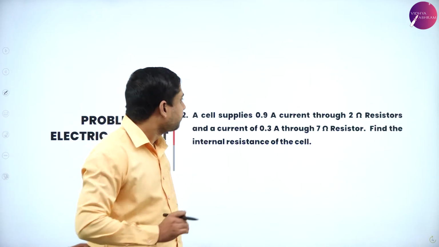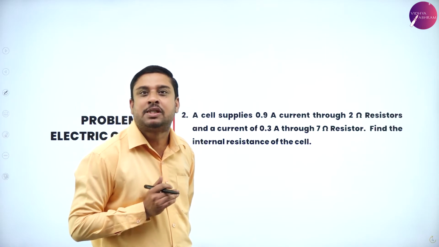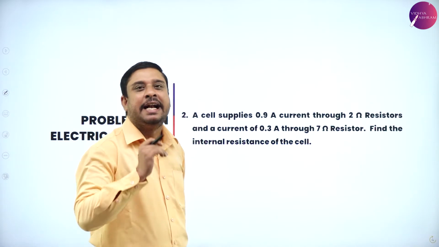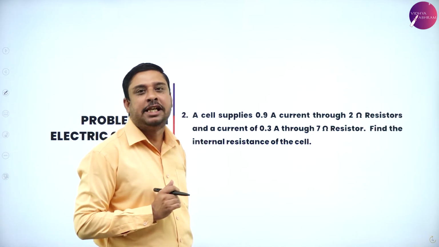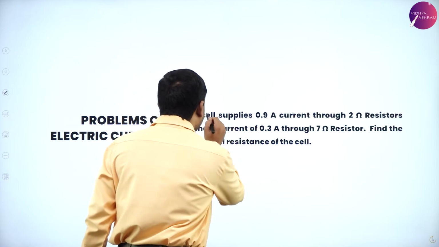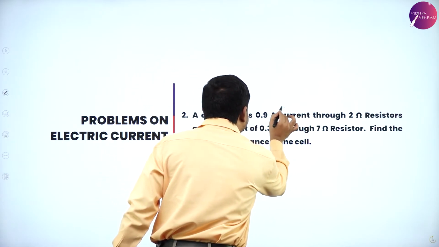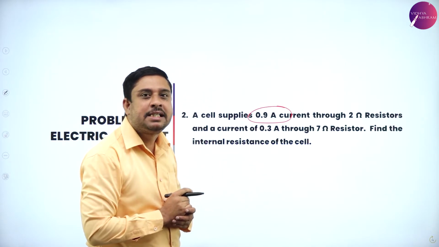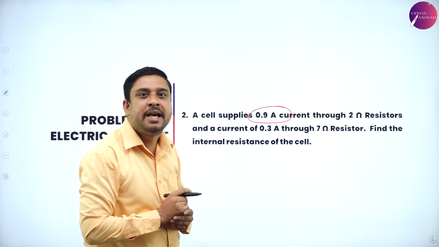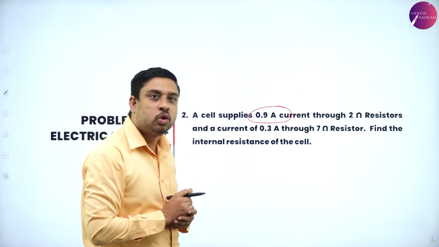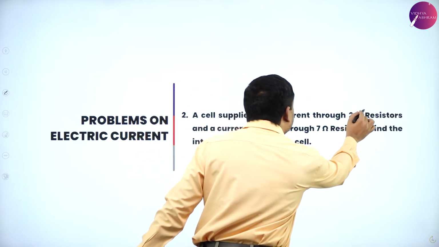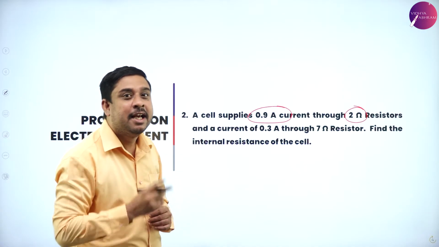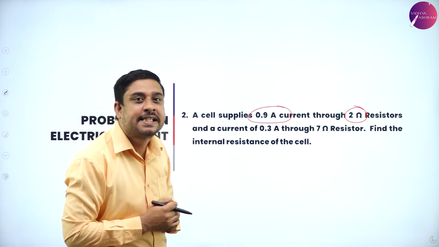Second one, something with respect to cell: EMF, internal resistance comes into picture. A cell supplies 0.9 ampere current through 2 ohm resistor. There are 2 cases given in the problem.